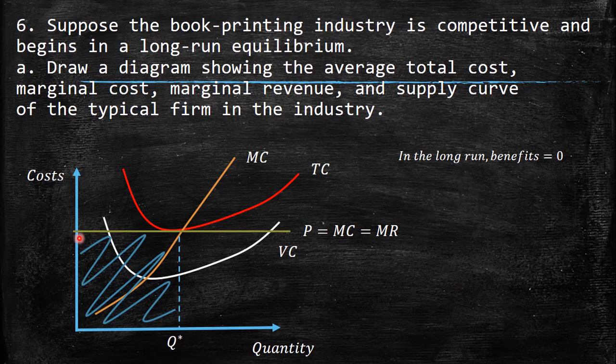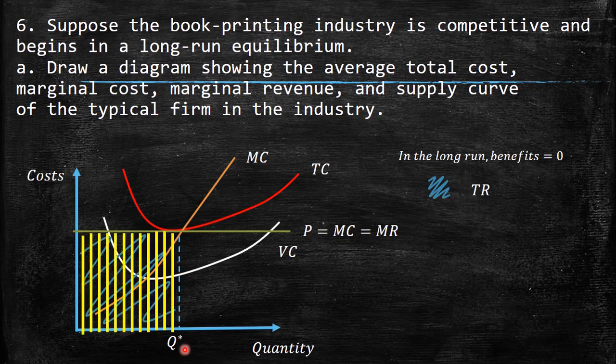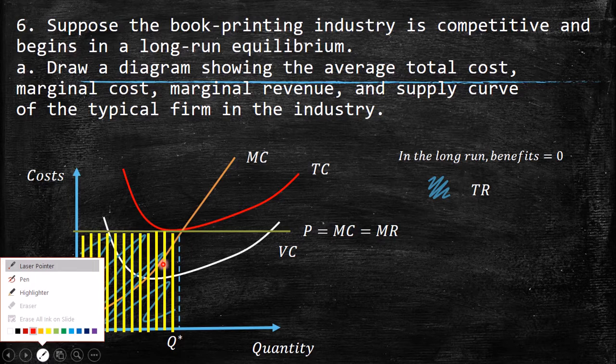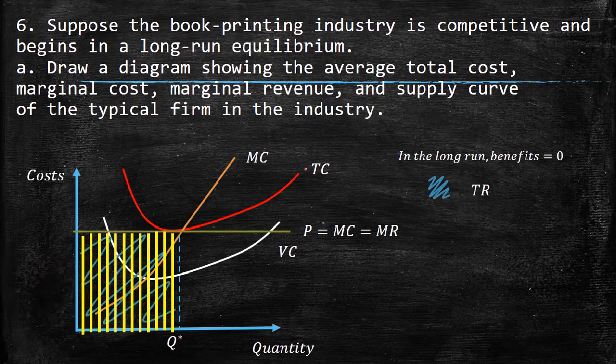Then price times quantity is the total revenue, and the quantity times the average total cost. So let me do something here. It could be better. Here is the average total cost, and remember, the average total cost is the total cost over the quantity.